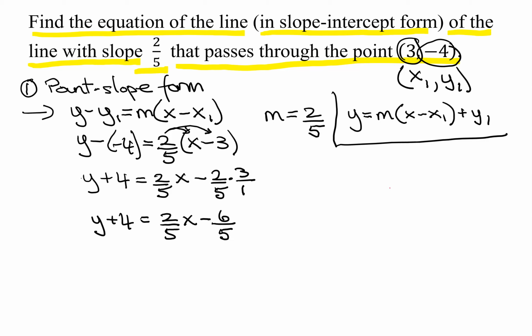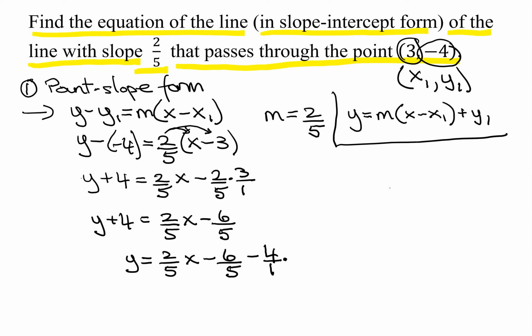So I need to subtract 4 from both sides. So y equals 2/5 x minus 6/5 minus 4. And since I want to subtract 4 from a fraction, I need to put the 4 over a common denominator. So the first thing I do is turn it into a fraction by dividing it by 1.